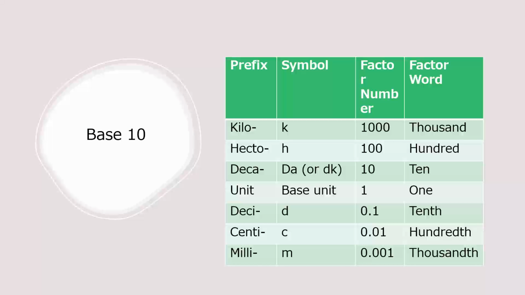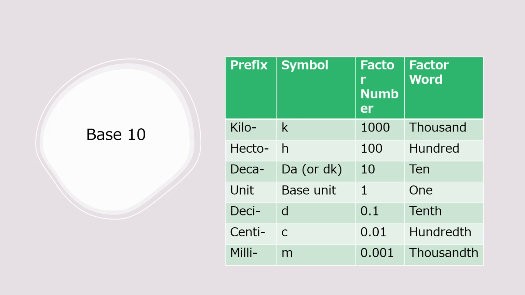Okay, so one of the reasons that the scientific community has decided on using metric is because it is base 10. This means that the number 10 is used as the base unit, and each time you multiply that base unit by a factor of 10, you get a prefix on your unit. So in other words, the metric unit has a base unit, and then any prefixes are multiples of 10.